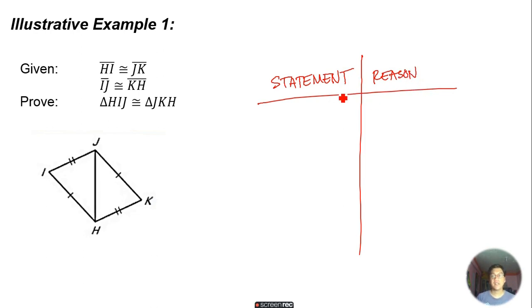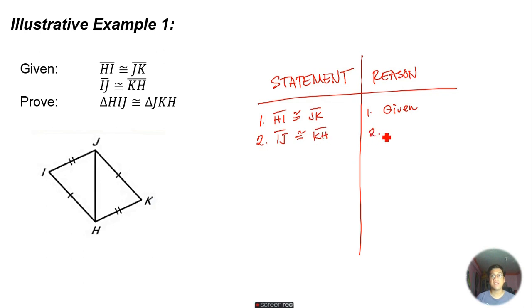The very first thing to do is to write all the given. So number 1, line segment HI is congruent to line segment JK. What is the reason? Given, because it is already given to us. Next, number 2, just write everything: line segment IJ is congruent to line segment KH.